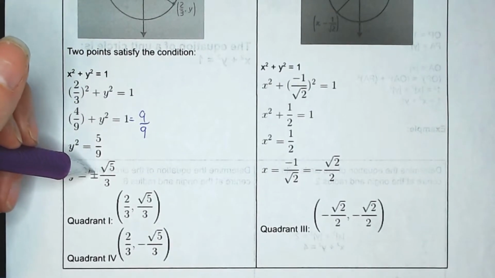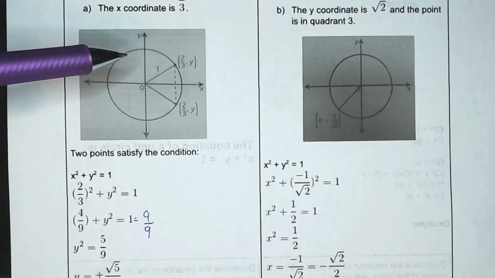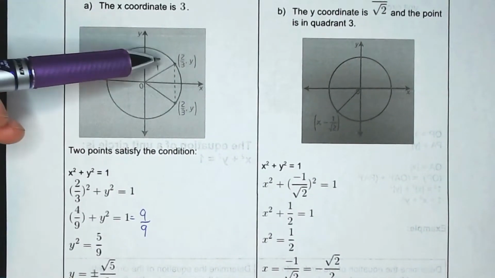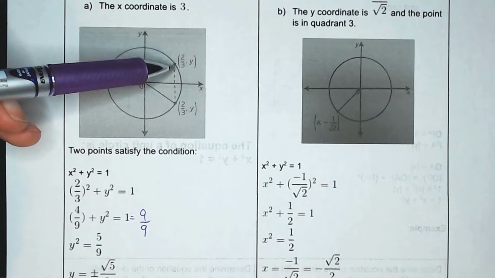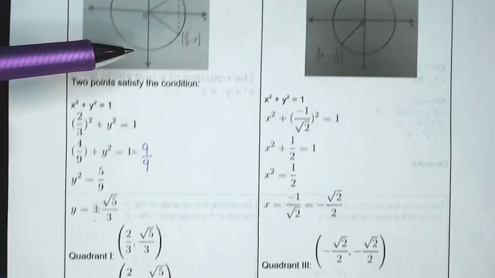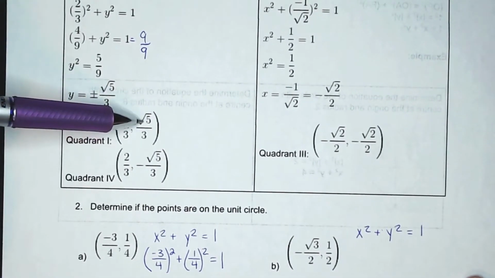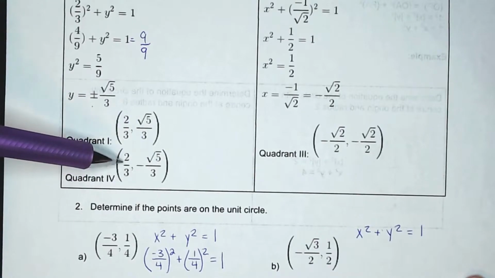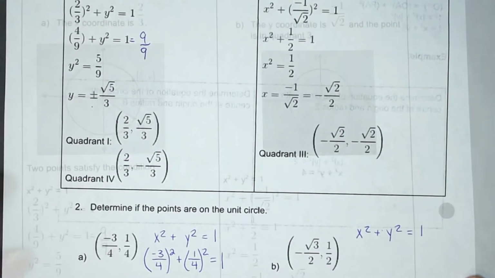And we can say it's either positive or negative, because in this example, we have a value of 2/3 for the value of x here and here. So each of these will have a response. So in quadrant 1, the coordinates would be 2/3 and root 5 over 3. And in quadrant 4, it'll be 2/3, and then you see here your y value is negative.